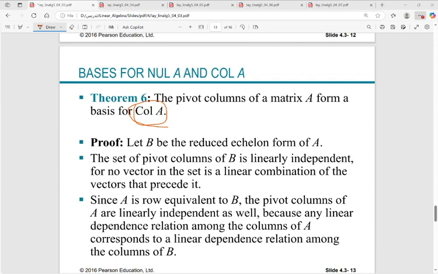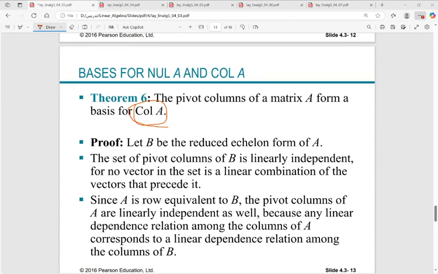Yes, it is the span of A1 to AN. It is the set of all linear combinations of A1 to AN, right? Col A, or column space of A, is the span of the columns of A, or equivalently the set of all linear combinations of the columns of A, right?